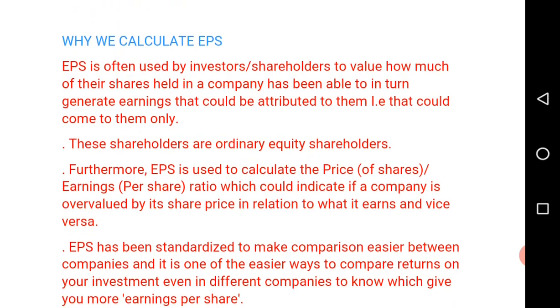Ordinary equity shareholders are people that bear the bulk of the risk in the business, and the business here is the limited company that is traded on the stock market. Of course, we know that ordinary equity shareholders are the group of people that make decisions for the company, or they are the owners of the company.